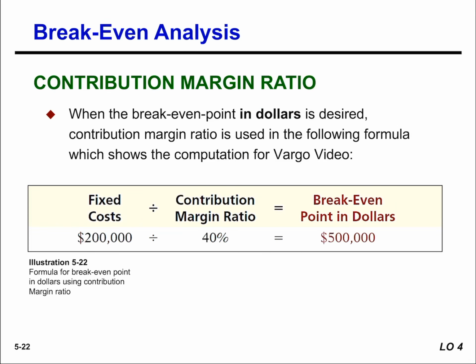But in some cases, I want to know what my break-even amount is in dollars. And so remember that we said whatever our sales dollars are multiplied by that contribution margin ratio will give us our contribution margin.